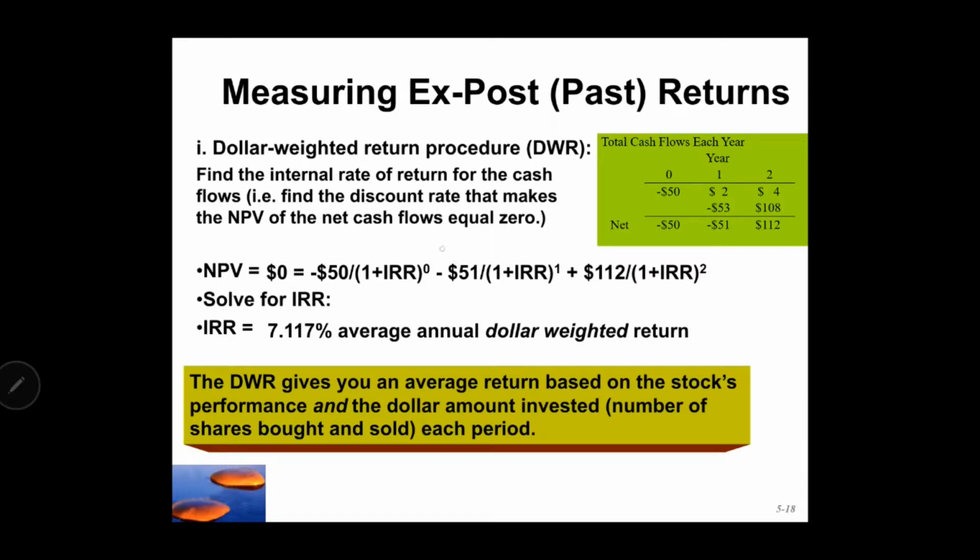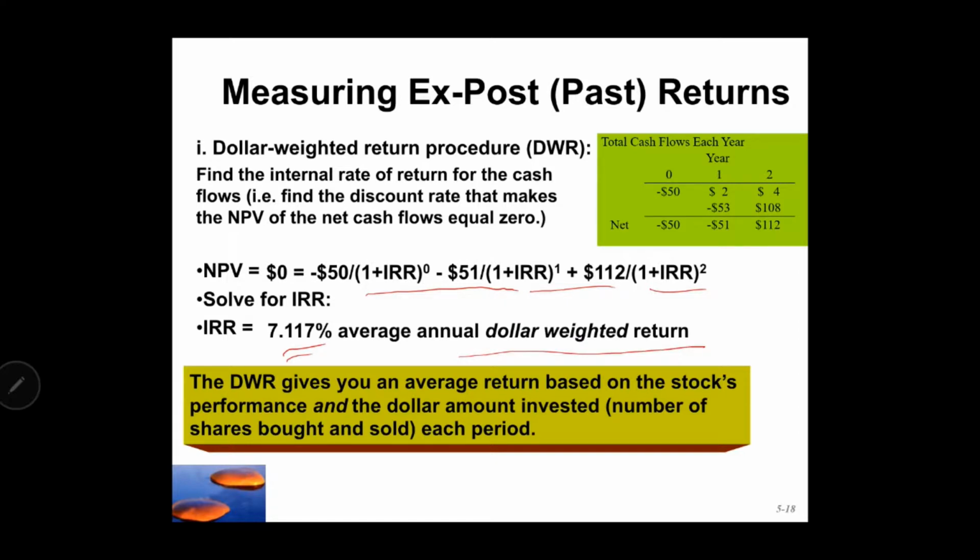That means you are going to find the discount rate which is going to equalize the cash flows to 0. Okay, so that is nothing but NPV of net cash flows equal to 0. So if we do this and solve for IRR in this, you get 7.17 average annual dollar weighted return.